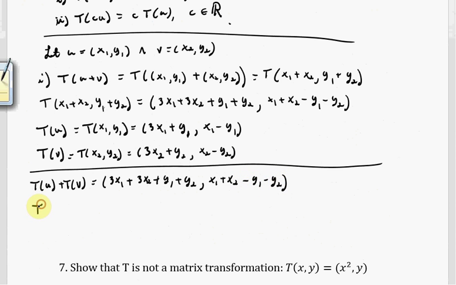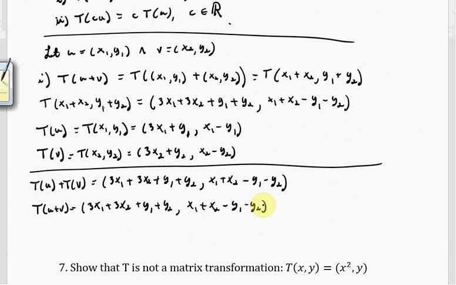Is that the same thing as T of U plus V? Well, let's see, we got T of U plus V to be 3x sub 1 plus 3x sub 2 plus y sub 1 plus y sub 2. So good so far, comma, up here we got x sub 1 plus x sub 2 minus y sub 1 minus y sub 2.